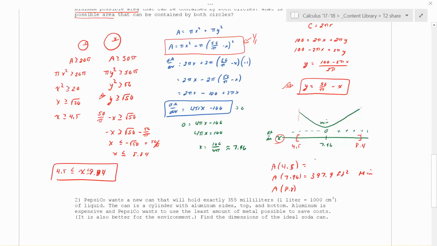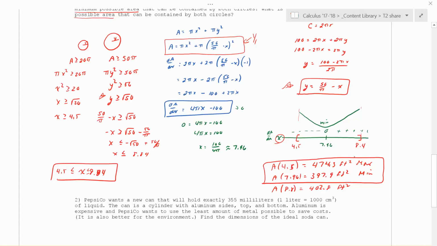At 4.5, 474.3 square feet, and if x is 8.8, I get 402.8 square feet. Well, because this is larger, this is my maximum. So when x is 4.5, my maximum area is 474 square feet.